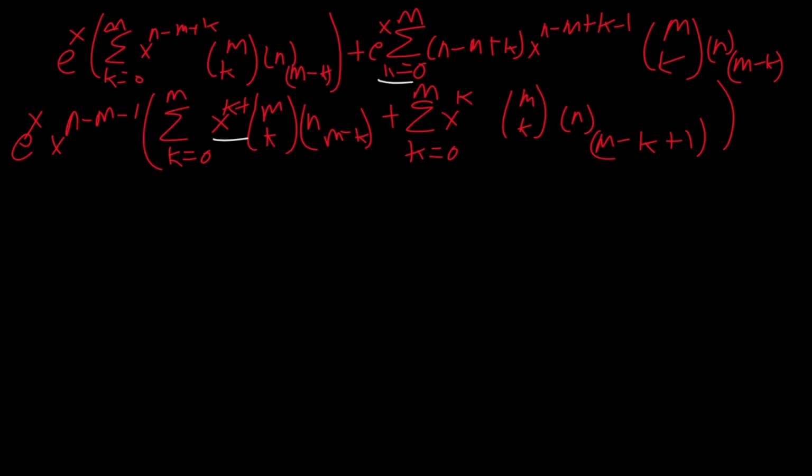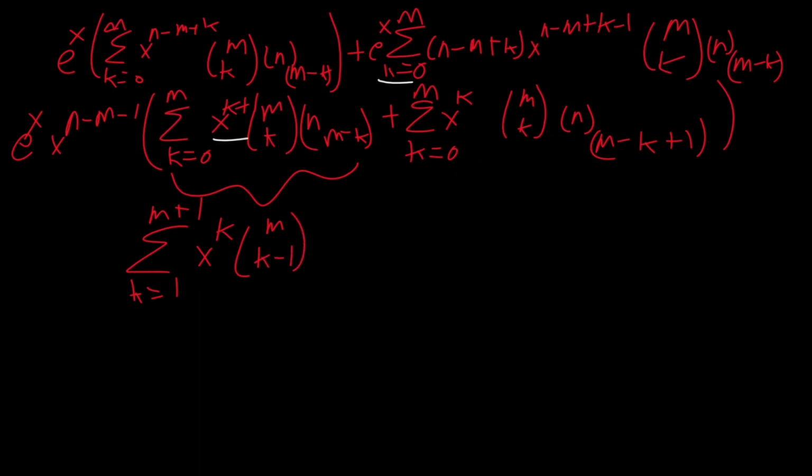But what we can do now to simplify is to re-index this right here, because you see we have an x to the k plus 1, and it would be nice to get all of our x's just to the k. So we can say this is now the sum from k equals 1 to m plus 1 of x to the k times m choose k minus 1, and then n falling factorial m minus k plus 1.